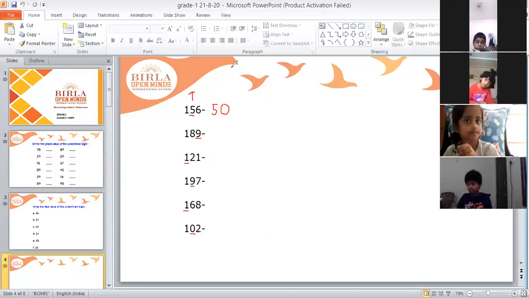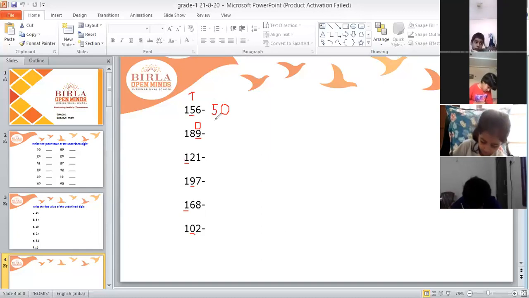So 9 is in which place, Mana? One's place. Yeah. So what we will do, we will write this 9 as it is. We will write the underlined digit, that is 9, as it is. We will not put any zero because there is no zero in ones.